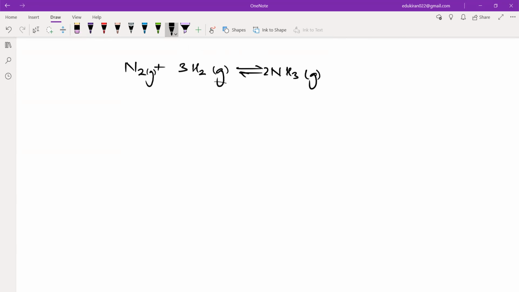If I increase the volume, then more dissociation is going to happen.